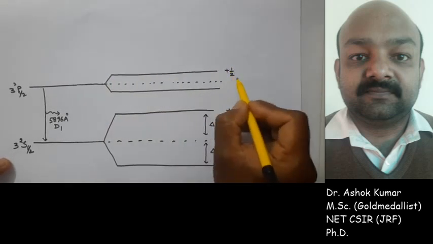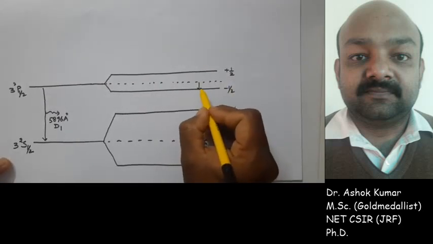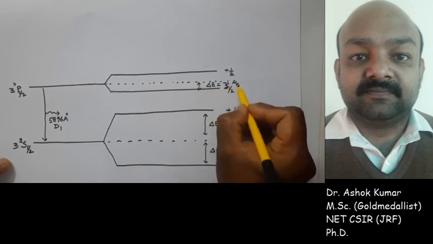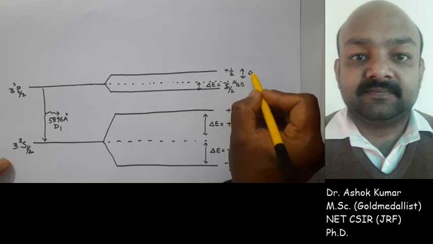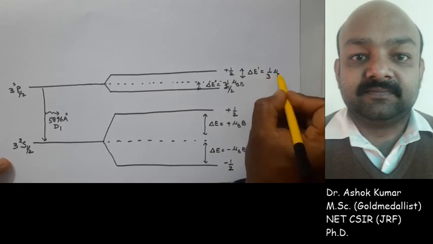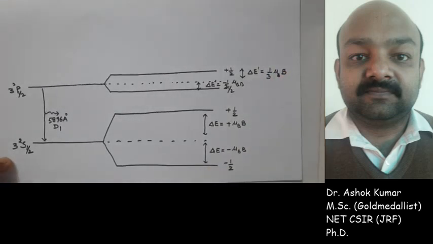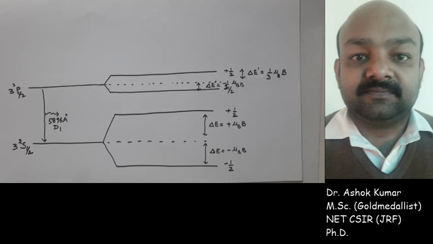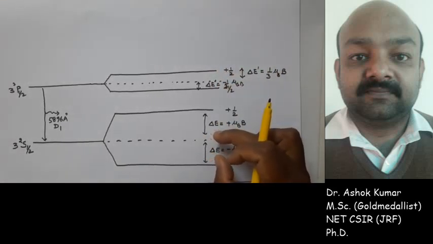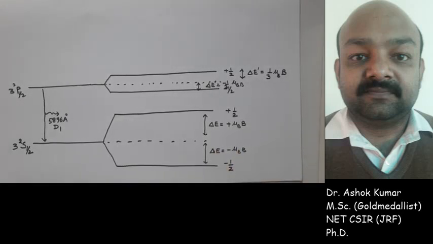This is plus half, minus half. This gap is delta E, and this gap I mark with a dash just to change the symbol, 1/3 mu B B. So this is how the splitting has taken place, and now we find the various transitions from these split energy levels to these split energy levels, and see how many transitions are possible.